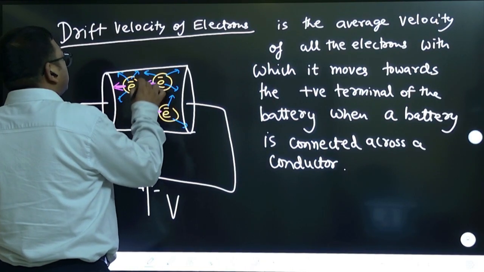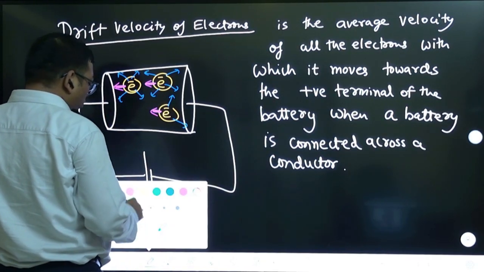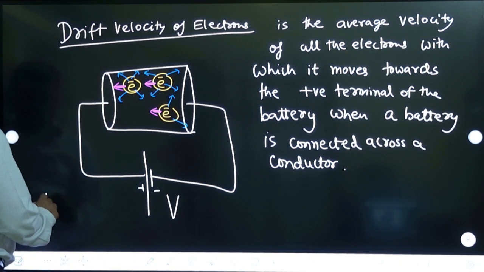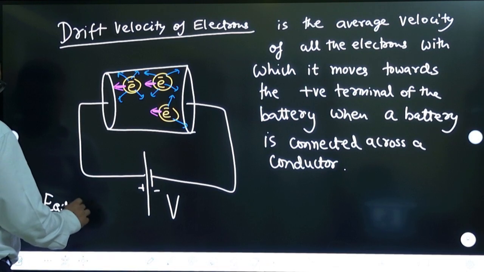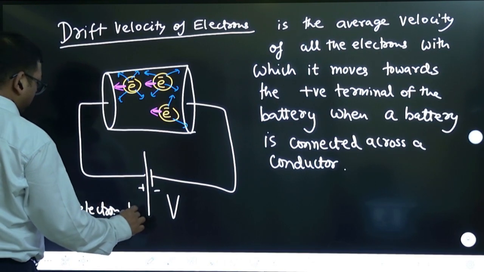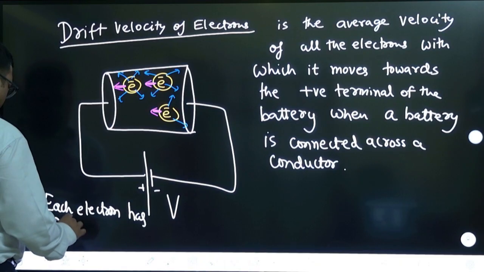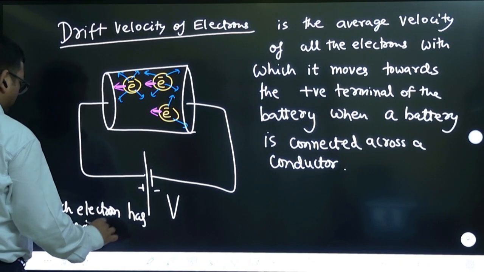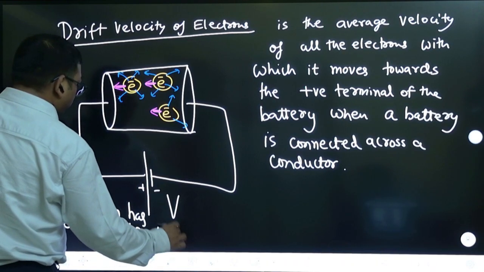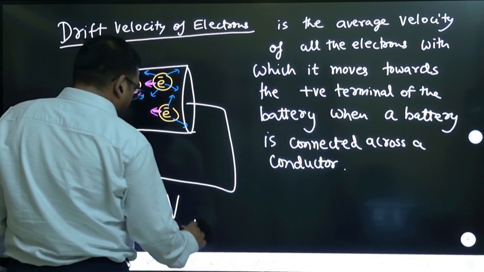Each electron has random motion due to temperature.